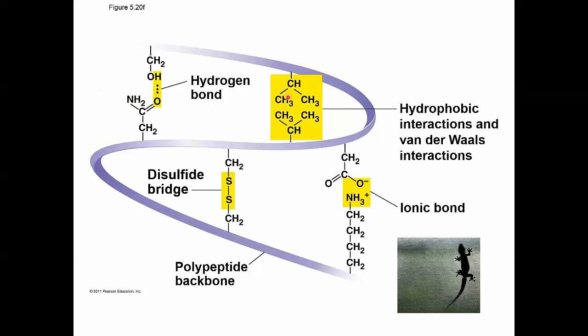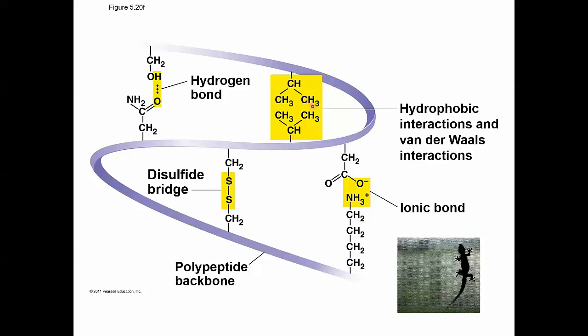So hydrogen bonds, ionic bonds, disulfide bridges, which is a type of covalent bond that we haven't really talked about, but also van der Waals interactions, which are just slight attractions between hot spots. You know, hot spots, I mean slightly polar regions.